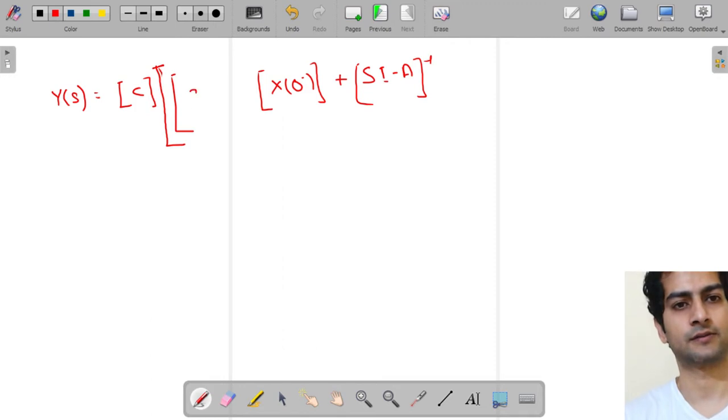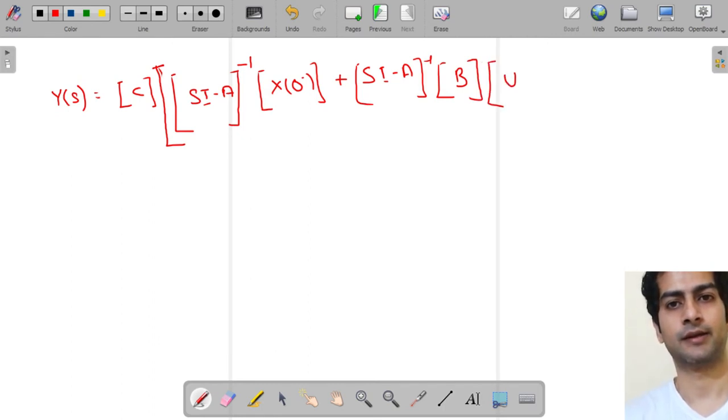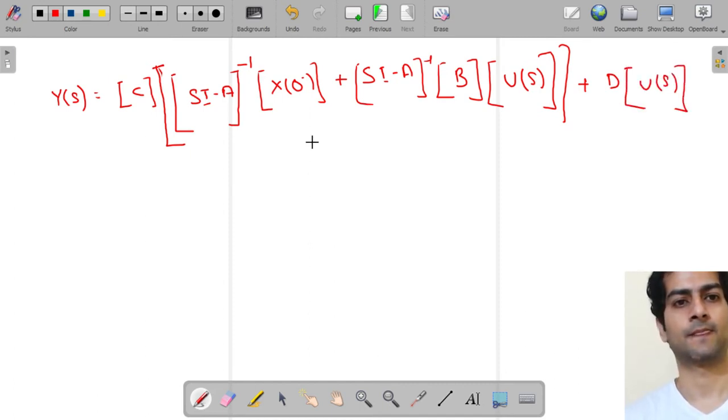This is a matrix. Many times the brackets which I put may be different, but please don't get confused.